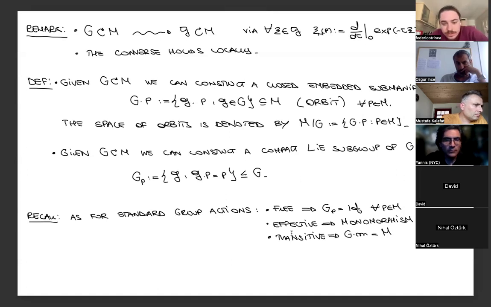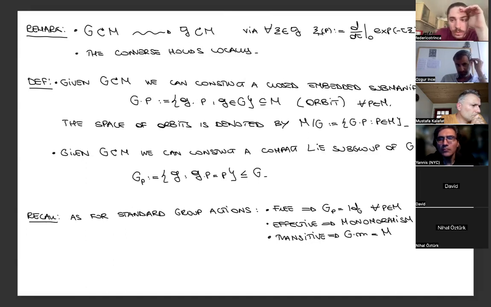And of course, you're all familiar with standard group actions. When I say that we have a free action, it means that the stabilizer is always the identity; effective, if the Lie group homomorphism is actually a monomorphism, so if it's injective; and transitive, if the space of orbits is just one point.